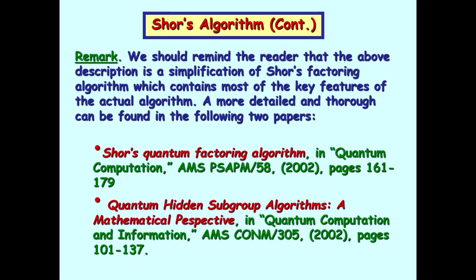In Shor's actual algorithm, he uses the continued fraction expansion to find the period. The algorithm actually produces an approximate period, and the continued fraction expansion is used to find the very close but different true period. And that is essentially it.